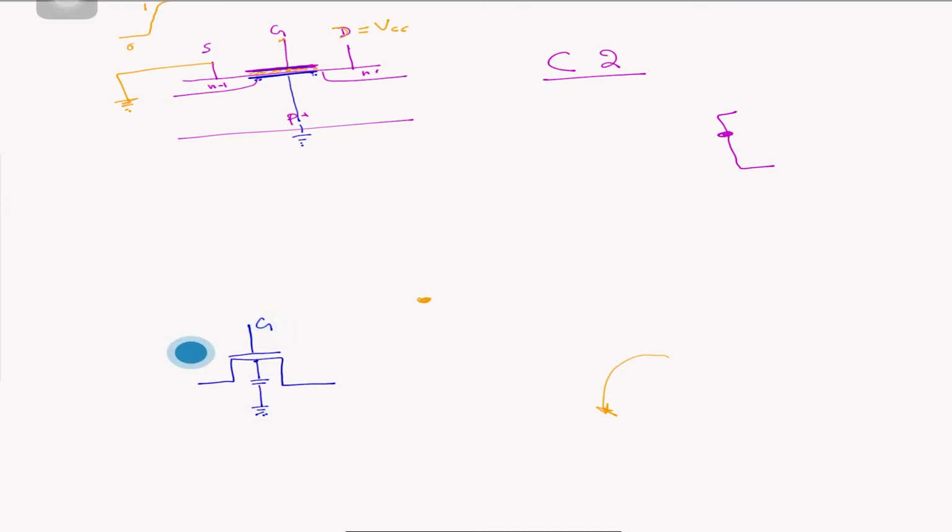Okay, as I increase the gate voltage, then a channel will start building, and eventually current will start flowing. Okay, now at that time, since the current is flowing now here, we don't have this capacitor anymore. Okay, but the interesting thing here is that this region that you see over here, you'd probably be thinking that this will be like this.